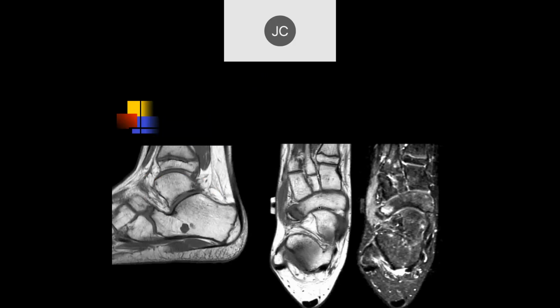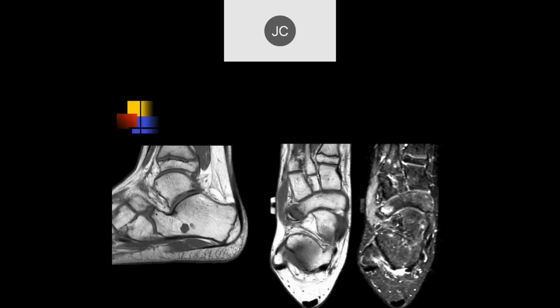Go ahead, Oleg. It looks like, again, a navicular and calcaneus.